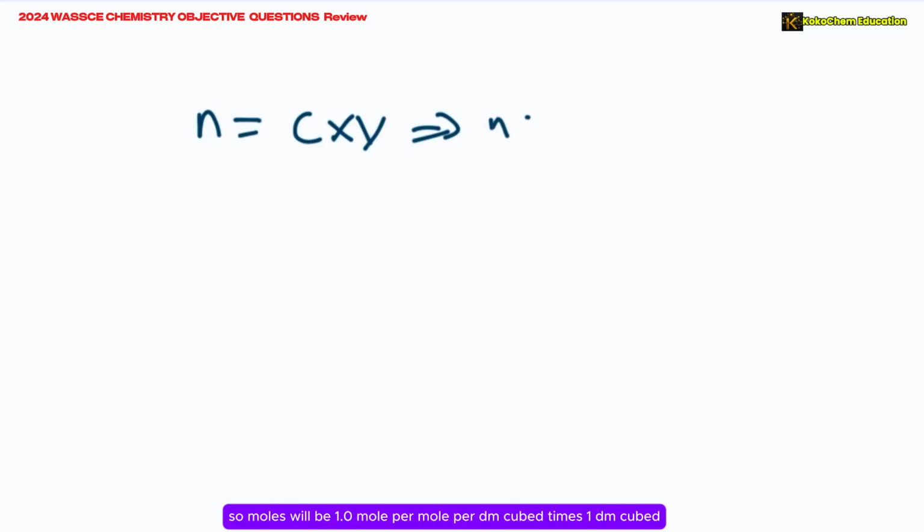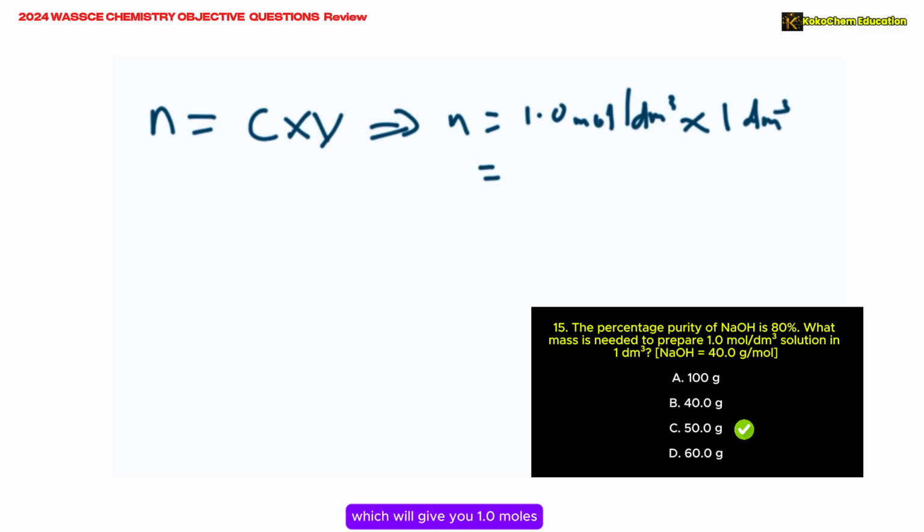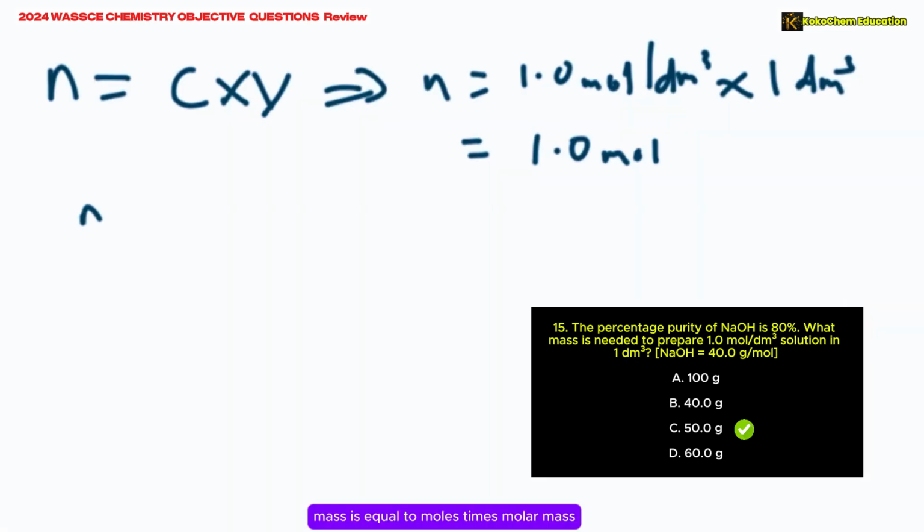Explanation: moles is equal to concentration times volume. So moles will be 1.0 mole per dm cubed times 1 dm cubed, which will give you 1.0 moles. Mass is equal to moles times molar mass.